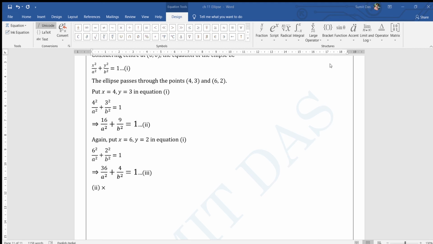Let me see how many of you know how to find the LCM. Find out the LCM of 36 and 16 first, and let me know the answer.